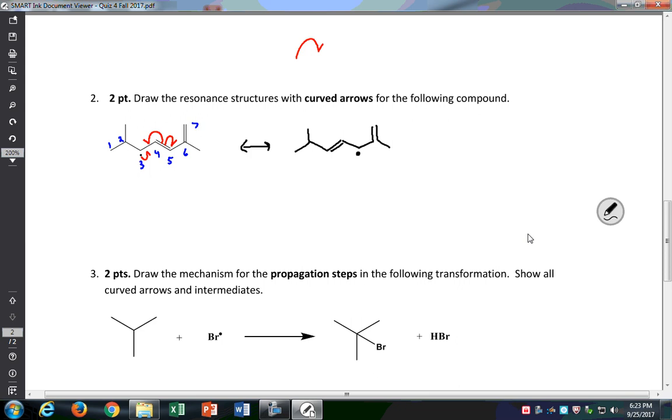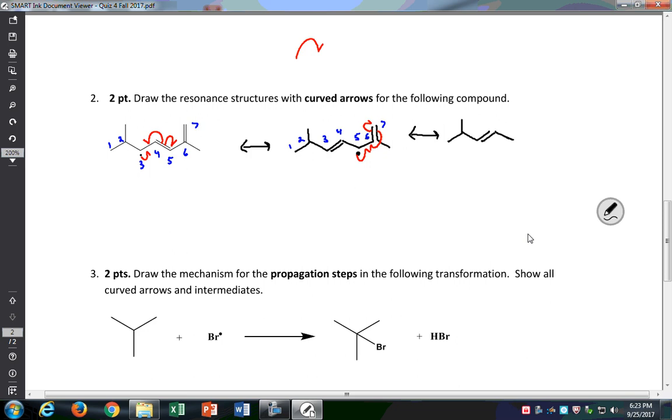And then I also have a conjugation with another pi bond, so I'm going to have the same type of resonance structure, where we're going to have a pi bond form between 5 and 6 from my radical, and then one of my electrons from my pi bond between 6 and 7, and then that other electron has to go somewhere, so 7 is the only possible place. That CH3 group is sp3 and it's fully an octet and does not have an unhybridized p orbital.